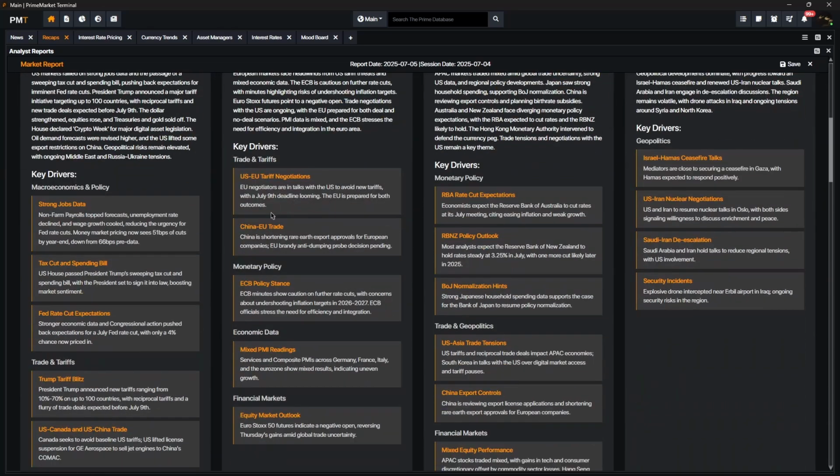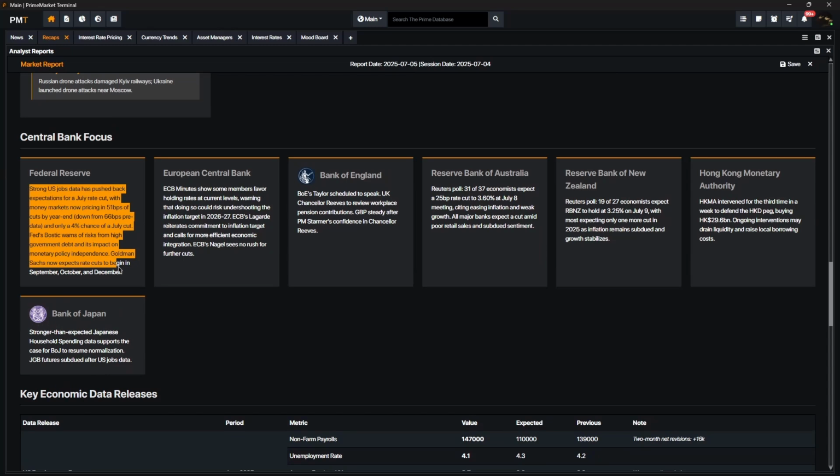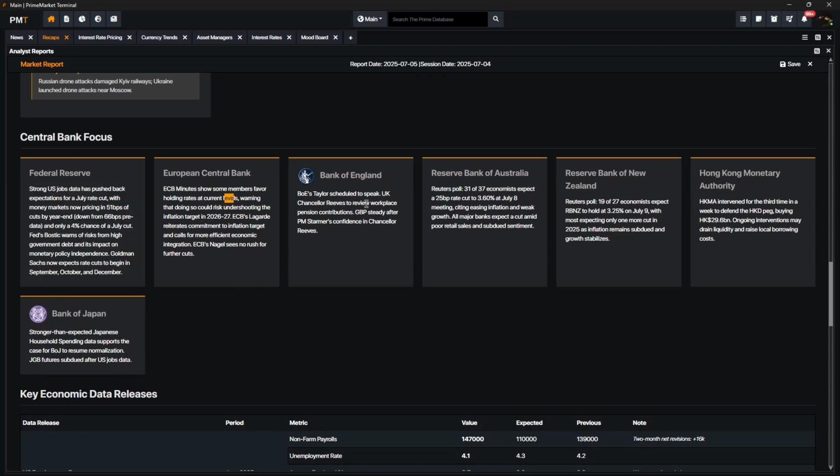You can scroll to central bank here and you can read to see the Federal Reserve, ECB, Bank of England, RBA, Reserve Bank of New Zealand, Hong Kong, Bank of Japan, everything basically. So this is a lot more comprehensive, and this is what I actually use to determine whether the Fed is hawkish, dovish, or neutral. But this is paid software, so if you can't afford this, you can use the free alternatives, but you can use this right here.